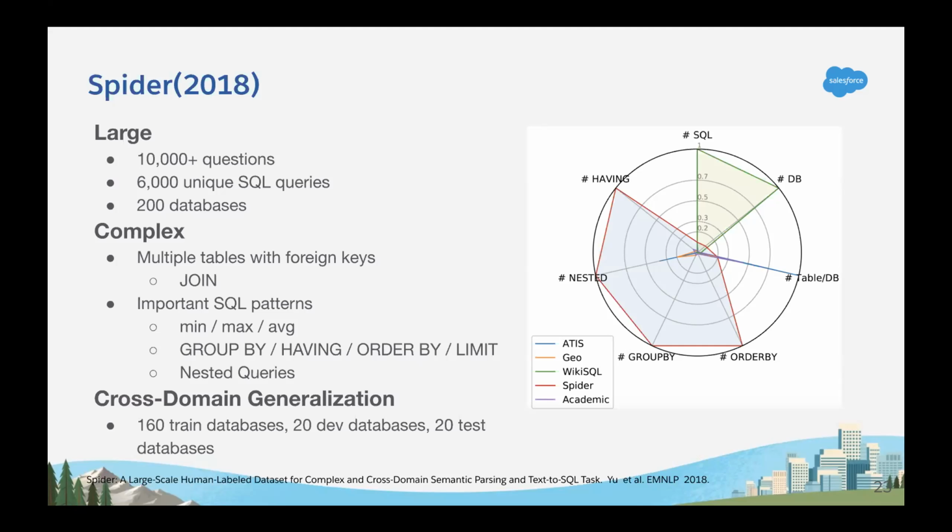First, they made each database have multiple tables with foreign keys, so they have join patterns in the SQL queries. And second, they added SQL patterns that WikiSQL doesn't have, like nested queries, group by, or having. It also supports cross-domain. They split the databases: 160 in training, 20 in dev, 20 in test.